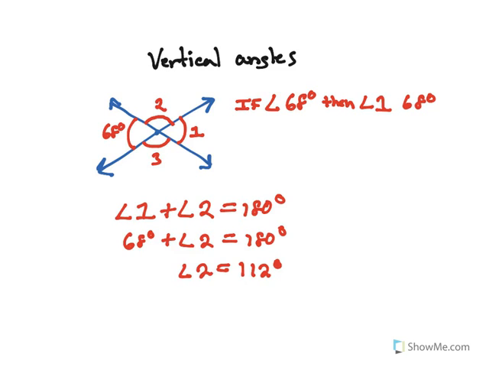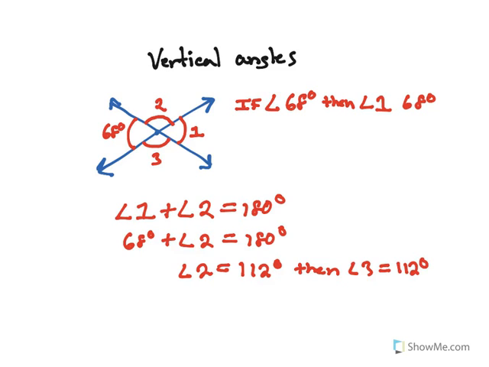Now remember, angle 2 is completely opposite of angle 3, which means they're vertical angles. If you know what angle 2 is, then angle 3 is going to be equal. It's equal to 112.